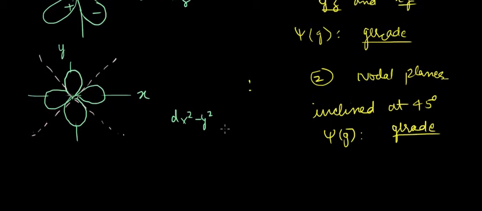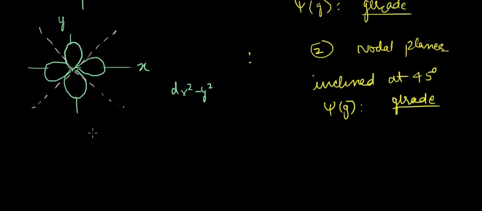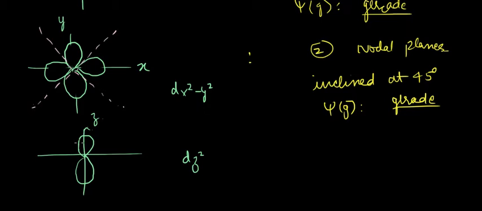Then let us see the structure of dz square, which is the last one, belonging to the EG category. Again this is the z axis, and it also has a ring across the two dumbbells. So this is the structure of dz square.